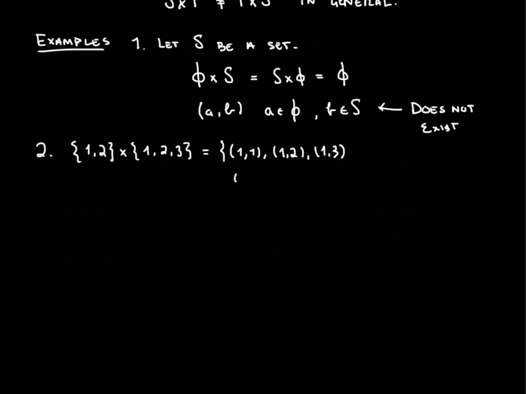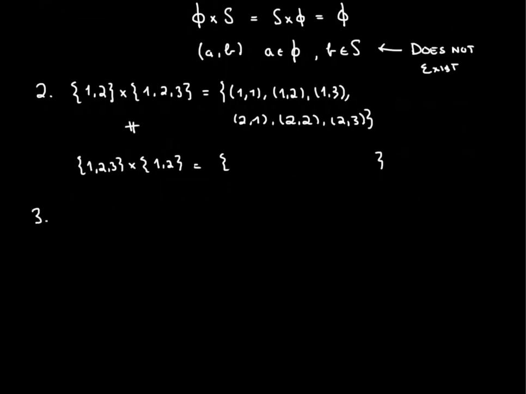Then we also have (2, 1), (2, 2), and (2, 3). Okay, and this right here should convince you that the order in which you place the two sets is very important. If not, try to come up with all of the objects of the set {1, 2, 3} cross {1, 2}, and you'll be able to see that you have different pairs.